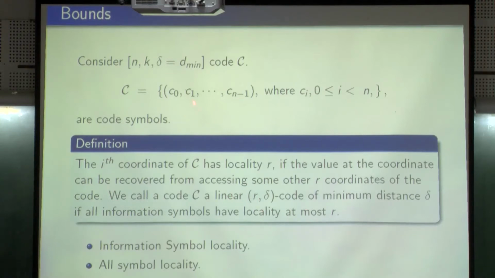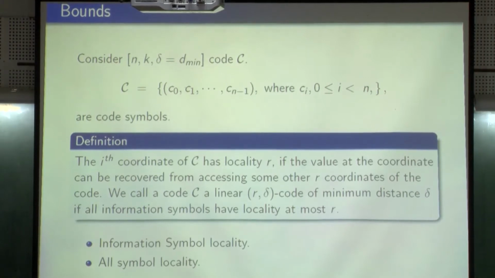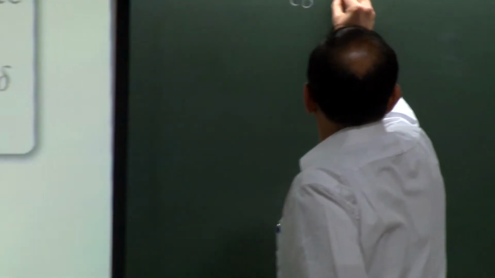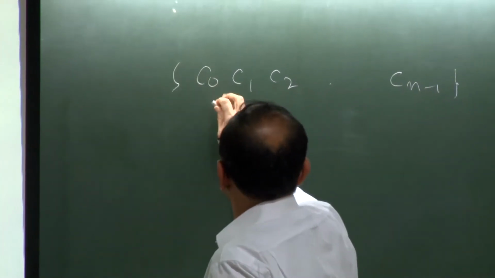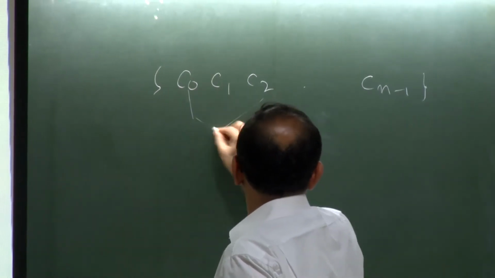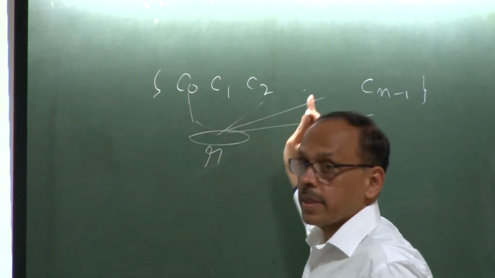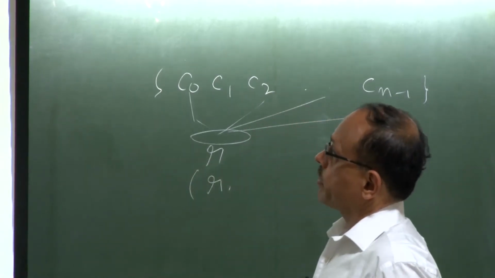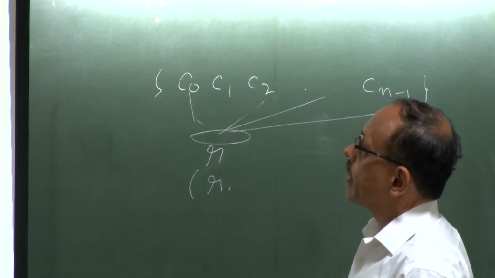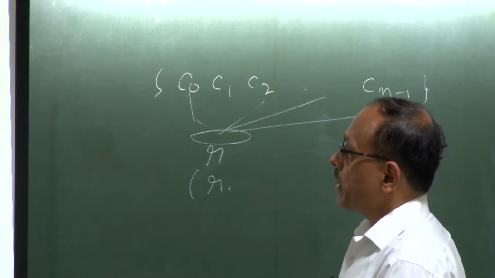Then you can ask this question: for example, to repair the i-th coordinate, say c_0, what might happen is that some group of r symbols themselves form an r-length code, and that can be an (r, delta) code with the minimum distance delta.